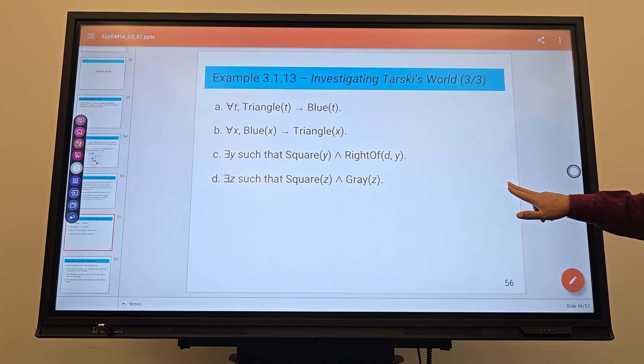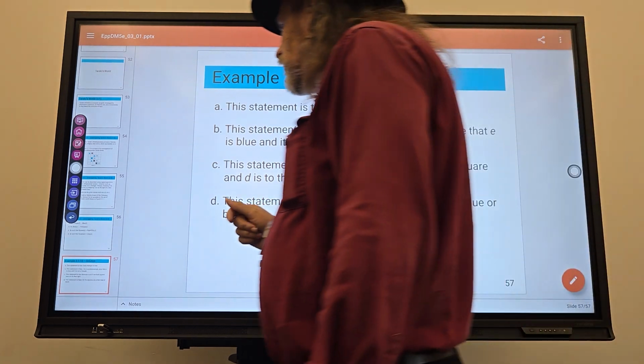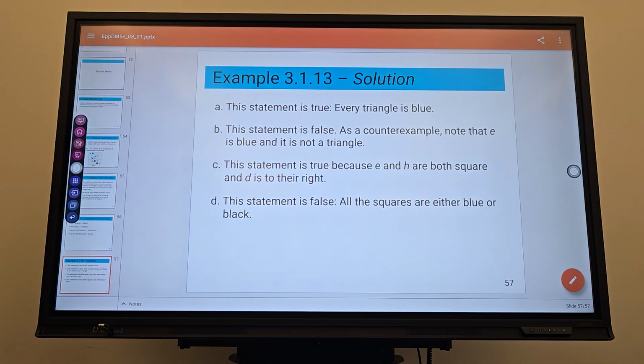The answer is given on the last slide of the deck. So, on your own, go back and forth, work out the logic. You might be able to find Tarski's World as a program on an app store somewhere. But play around with it, work out the different logic problems on that.